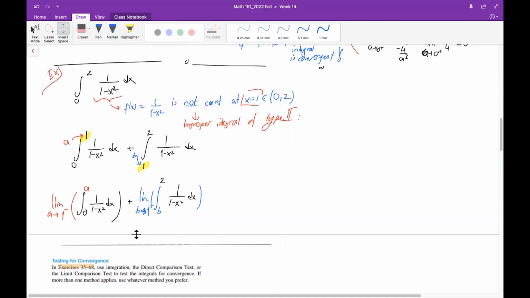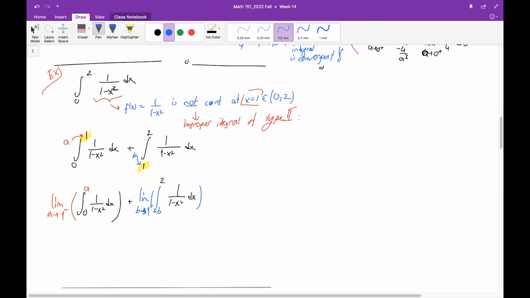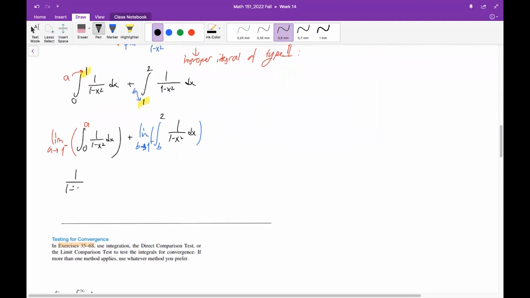Now, time to evaluate these totally normal definite integrals. Okay, how do we evaluate them? You need to concentrate on this function now. You can decompose the denominator of this function, right? So we can write a partial fraction decomposition of this rational function.